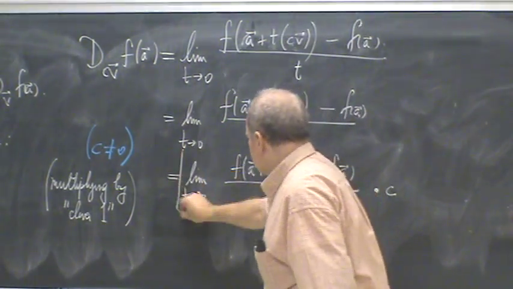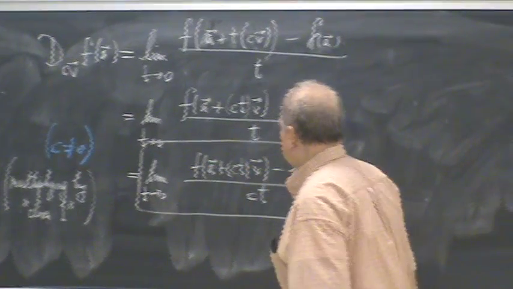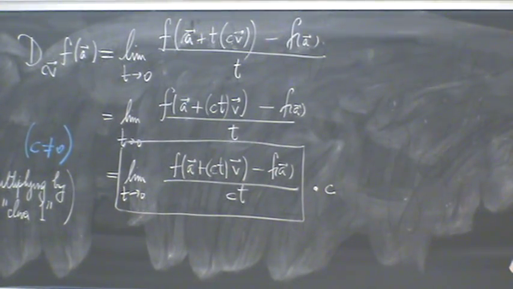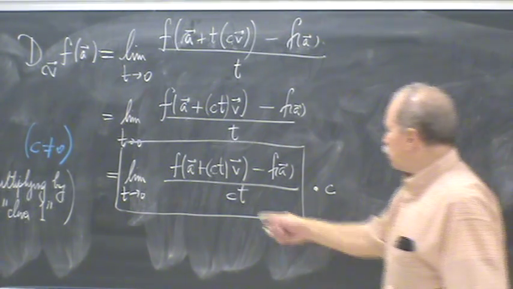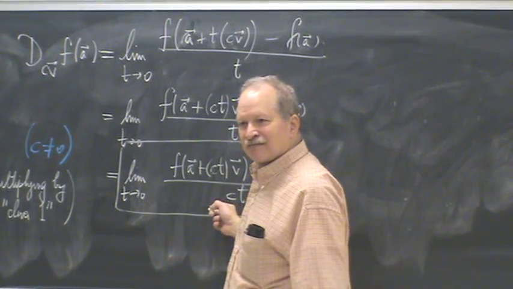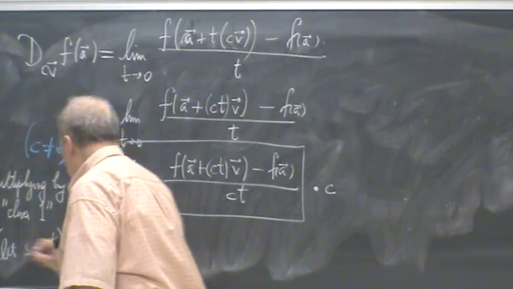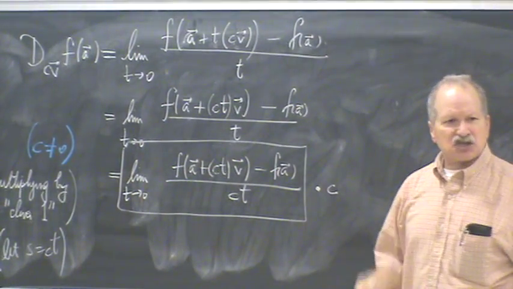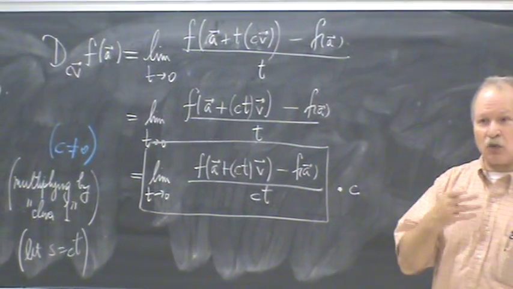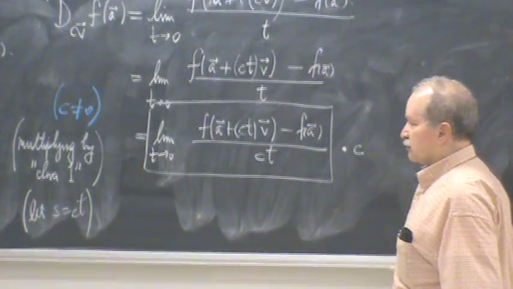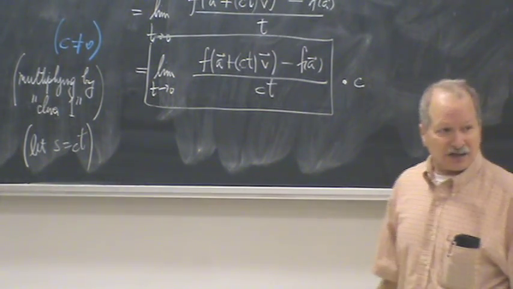How can you rewrite this expression? Pull c out. Take ct as a variable. So let's put a new letter in for ct. Let's let s be ct. c is just a constant, so if t is going to 0, what is s doing? Going to 0. Still going to 0, right?